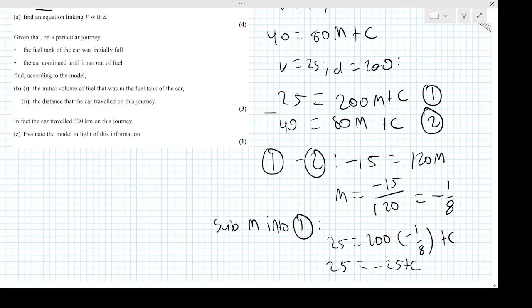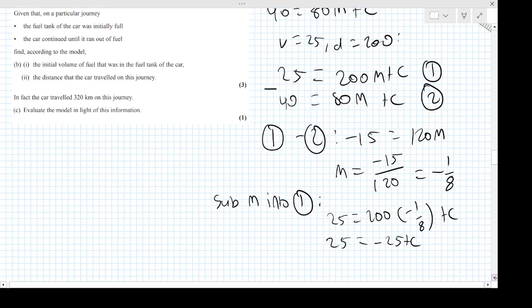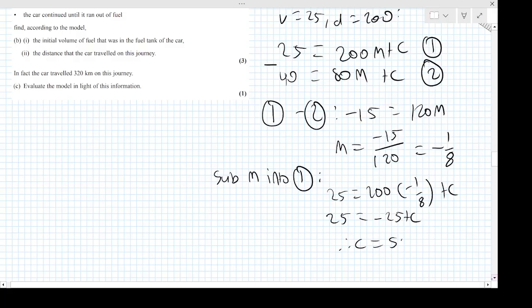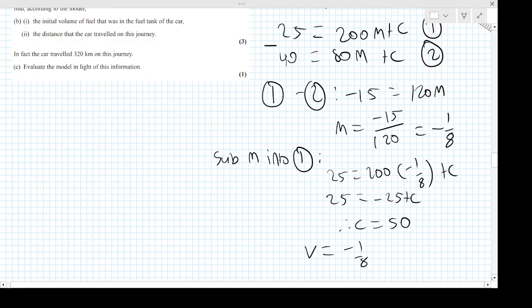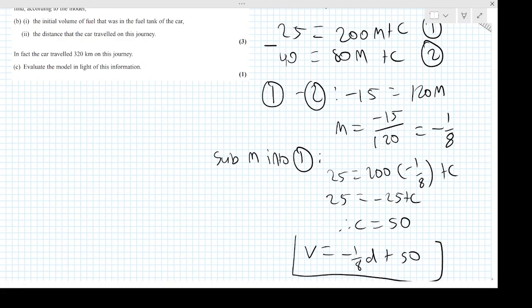Therefore, if I add 25 to both sides, I get that c is 50. Okay. Therefore, my equation now is v is m d, that m is minus an eighth d, plus c, so plus 50. There we are. Cool. Now that's an equation we've got there.